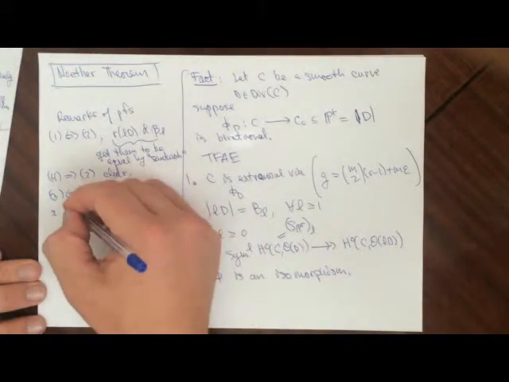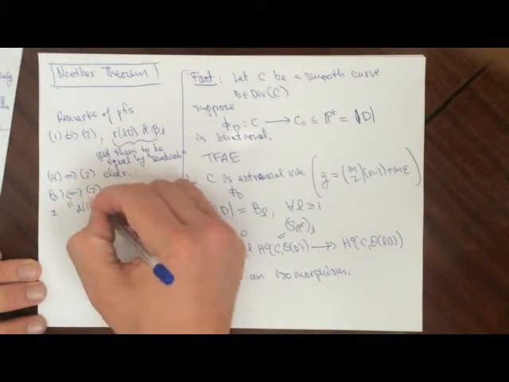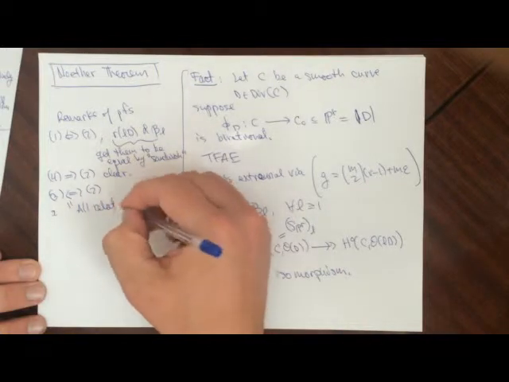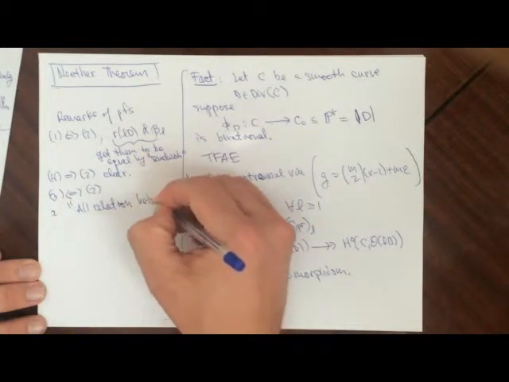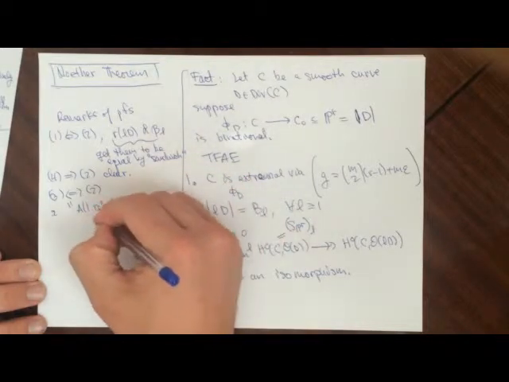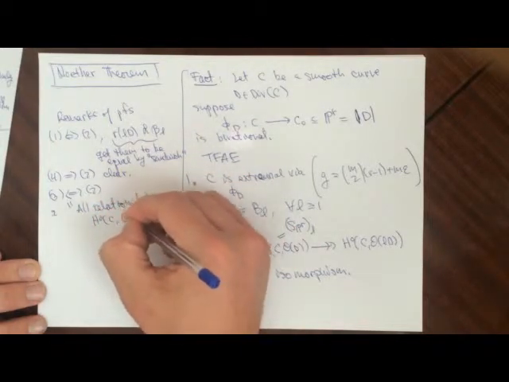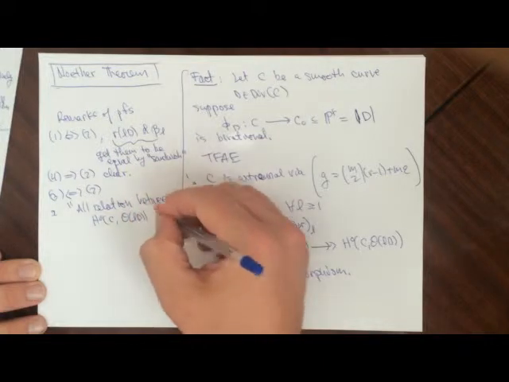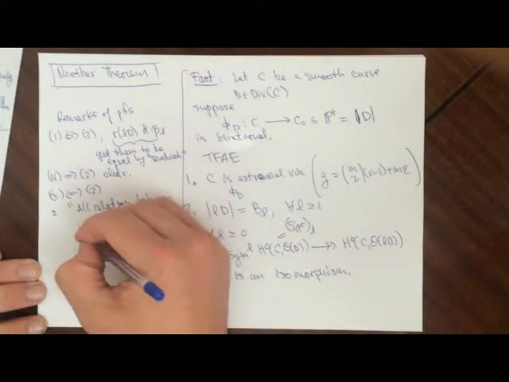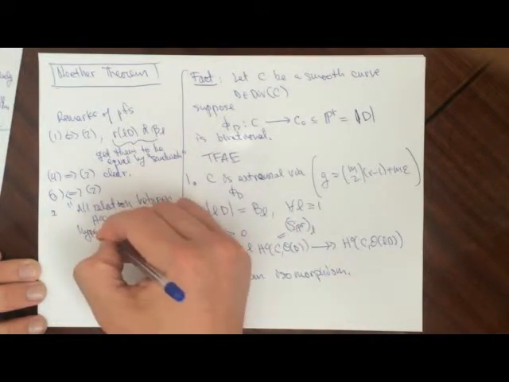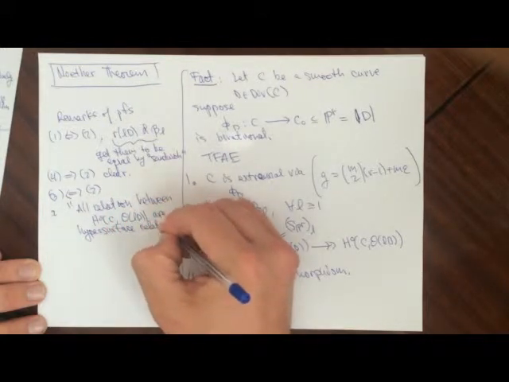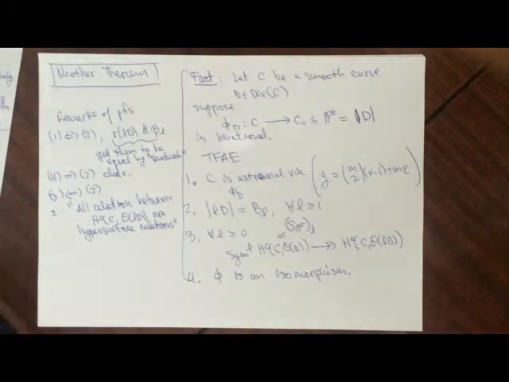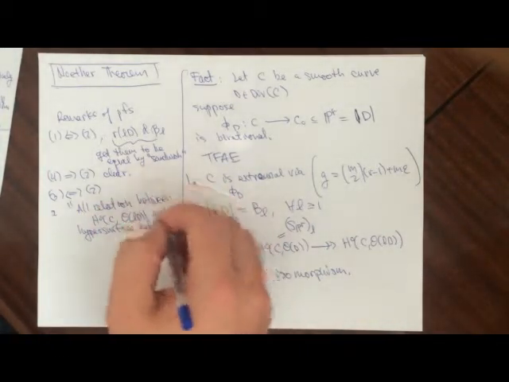So this really says that all relations between the various H0 of C, O of LD are hypersurface relations. And this is believable.